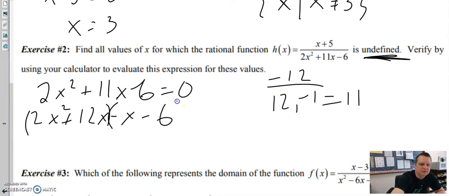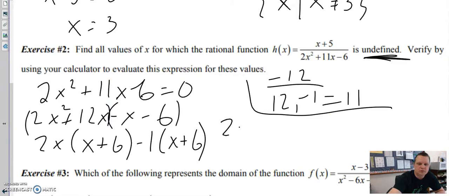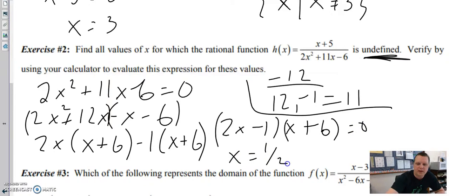Group the first two, group the second two. 2x, x plus 6. Take out a negative 1, x plus 6. So then you have 2x minus 1, x plus 6 equals 0, x equals 1/2, x equals negative 6. So that is where the function is undefined.